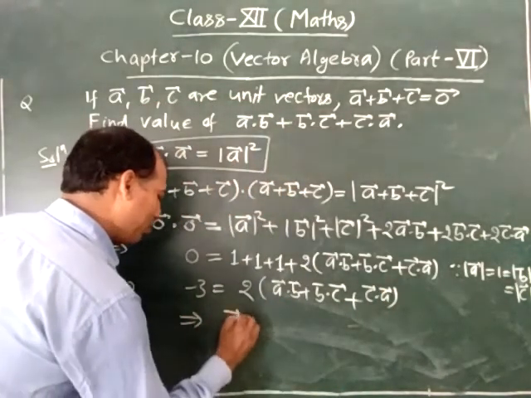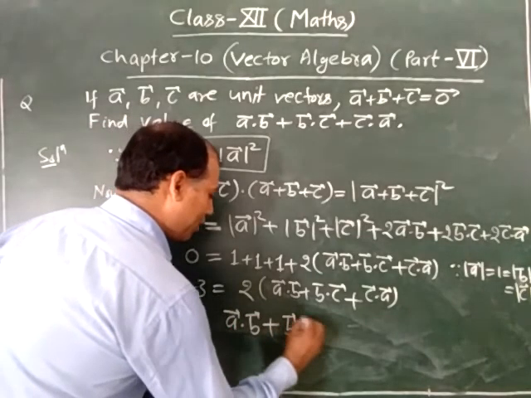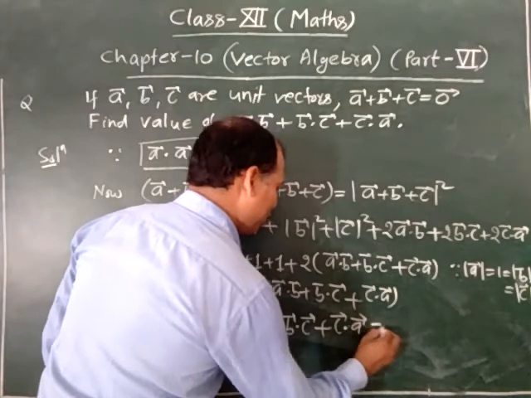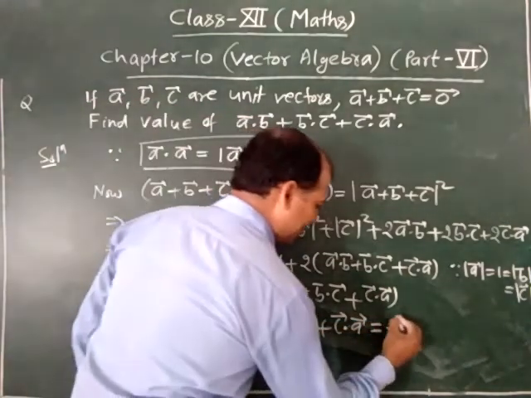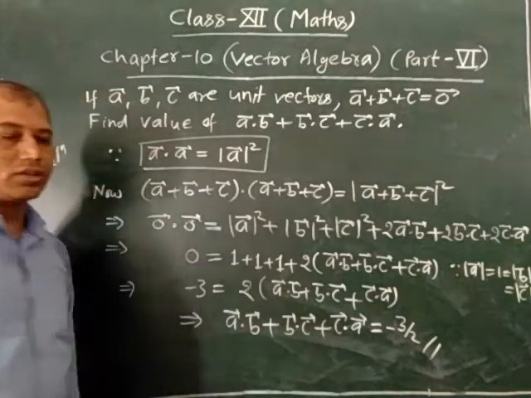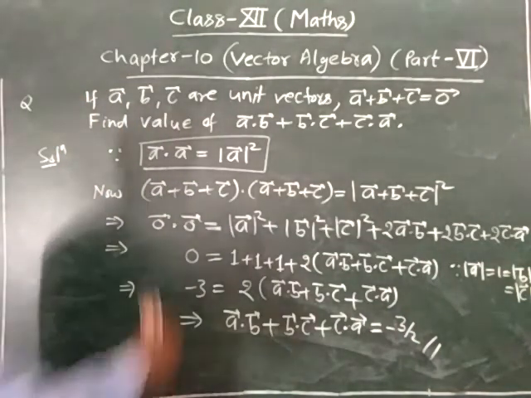Then we get the value of A dot B plus B dot C plus C dot A. This value is equal to minus 3 by 2. It is clear, students? Now we are going to discuss one more question.